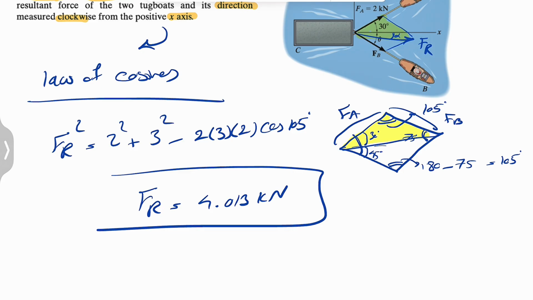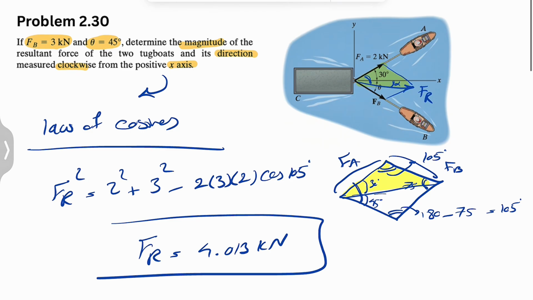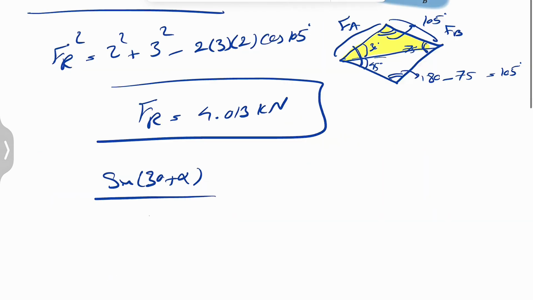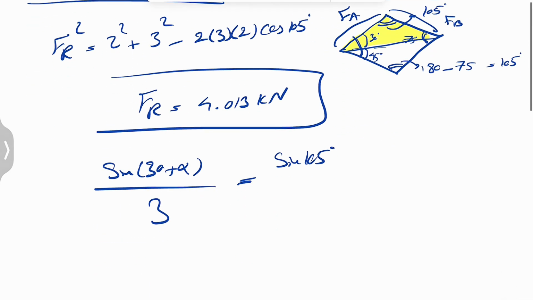All right, so now that we have that, we are also looking for the angle alpha. We can consider this angle, which is sine of 30 degrees plus alpha, over the side that is facing it, which is FB, which is 3. This will be equal to the sine of 105, this angle, over the side that is facing it, which is FR.